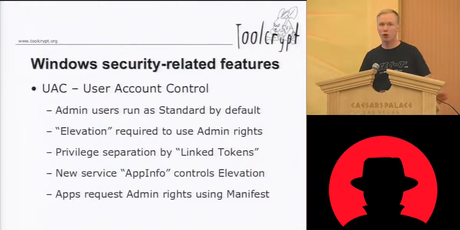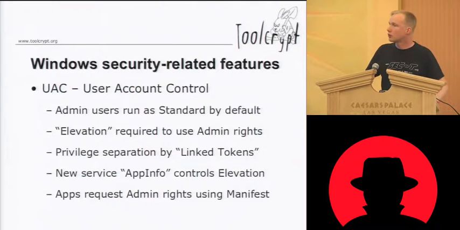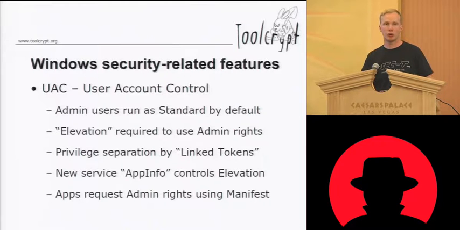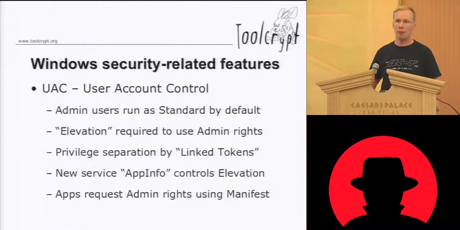Another thing that you're probably all pretty familiar with at this point is User Account Control, which was also introduced in Windows Vista. I'm not going to talk too much about this because it's not really relevant to application security, other than that you need to be aware of it as an application developer. The idea is that admin users before had always basically logged in and had all their privileges, all of their domain admin groups and everything, enabled in their access token.